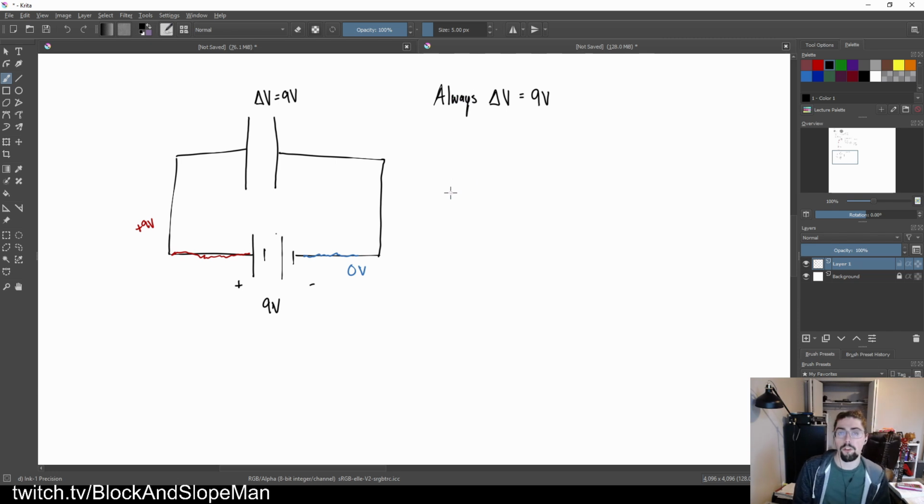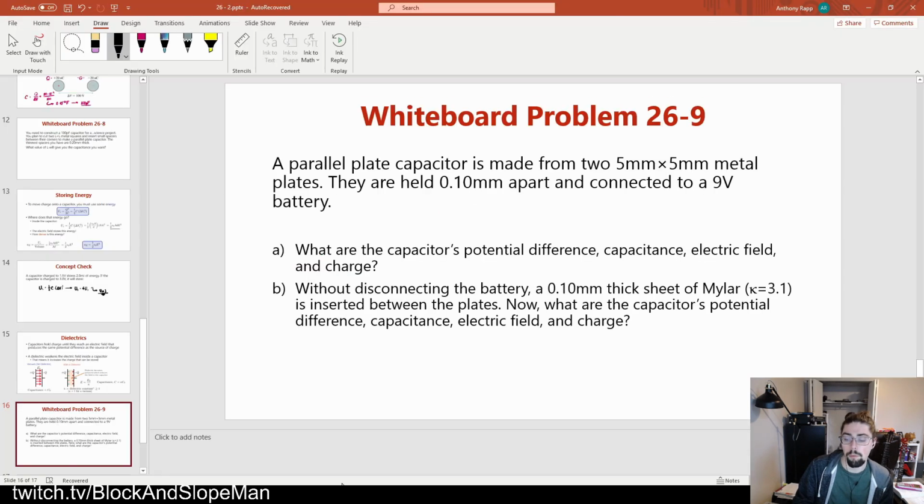Now, these other parts do have a little bit of separation. So we start with a parallel plate capacitor with vacuum in between, which means all of the equations that we've just seen work well for us. So no dielectric is what we start with here. No dielectric means that capacitance is equal to epsilon naught A over D. Those are values that we have from our problem, right? They tell us that it's 0.0001 meters apart and 5 millimeters square.